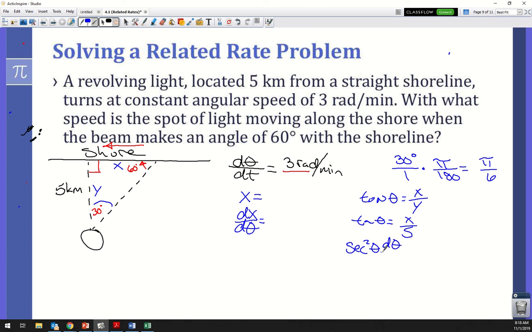D theta dt, that's my change in theta over time, is equal to, now, the derivative of x is just going to be 1. Okay, so it's going to be 1 over 5. And if I took a derivative of x, therefore I need to have dx dt.